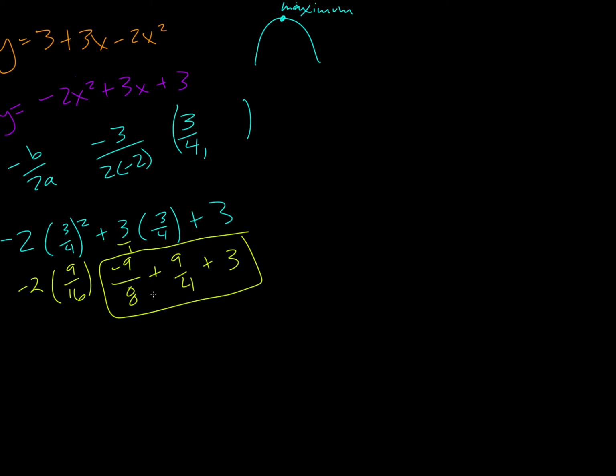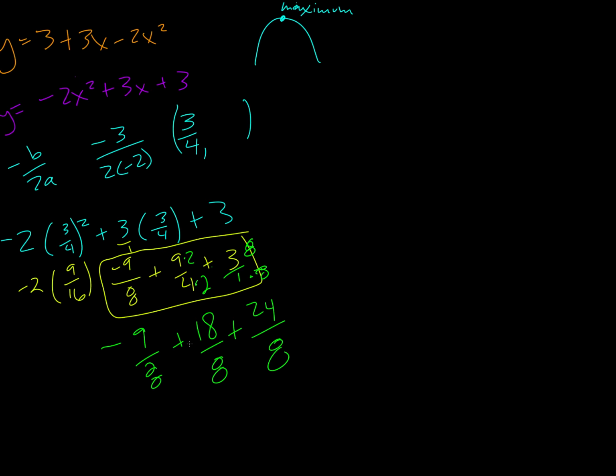Now, we want common denominators, so we need this 8. So we're going to multiply this by 2 over 2. Think of that 3 as a 1, multiply by 8 over 8. So we get negative 9 over 8 plus 18 over 8 plus 24 over 8.